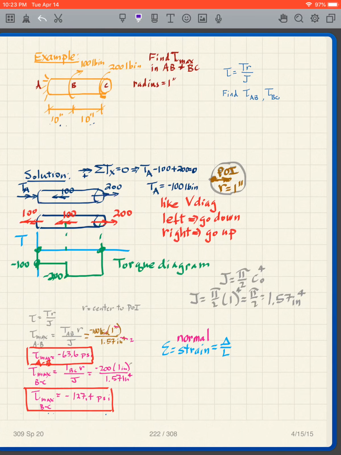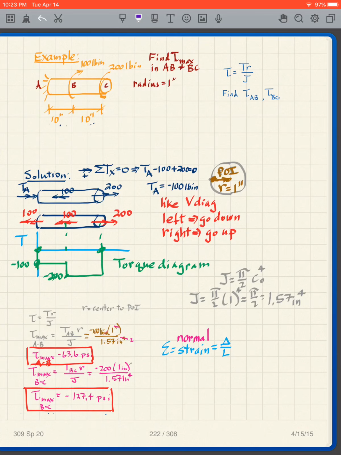Now we're going to draw the torque diagram. Drawing the torque diagram is like a shear diagram, like the easiest shear diagram you've ever drawn. And the sign convention we're going to use is that an arrow going to the left means jump down, an arrow going to the right means jump up. So I start at 0 and end at 0.